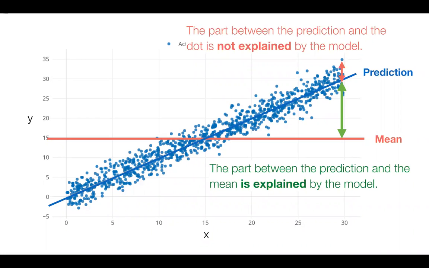But the green part is the part of the variance of the monthly income explained by this model. And basically R squared is a ratio of the green part to the distance from the blue dot to the mean, so the ratio of the green arrow length to the entire distance.